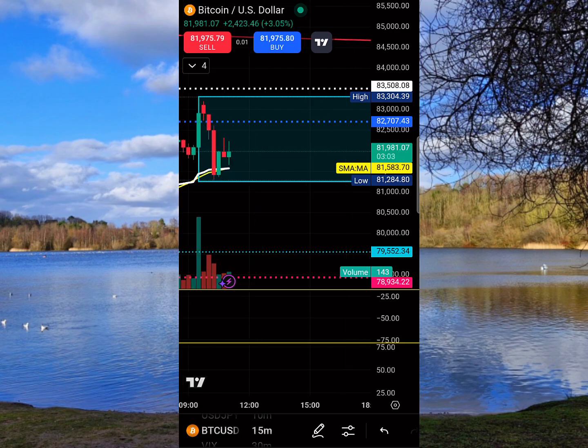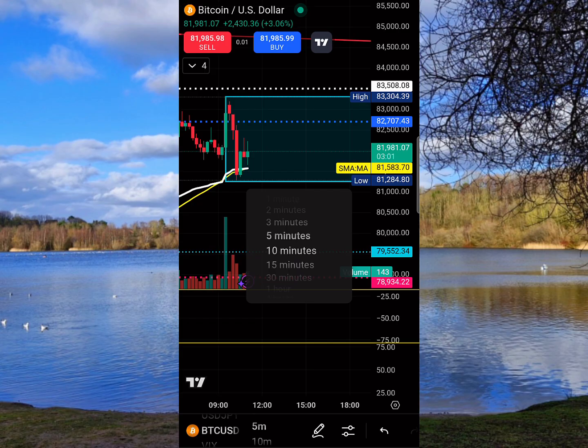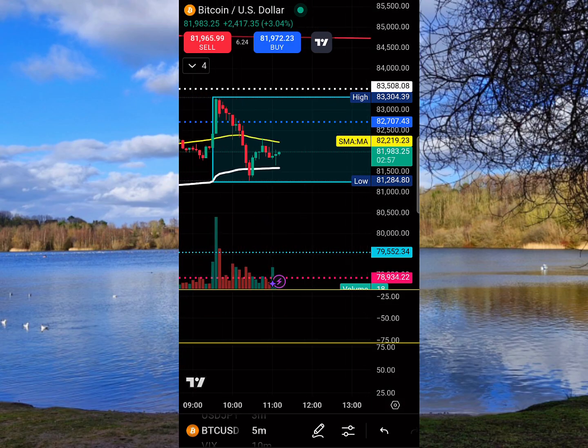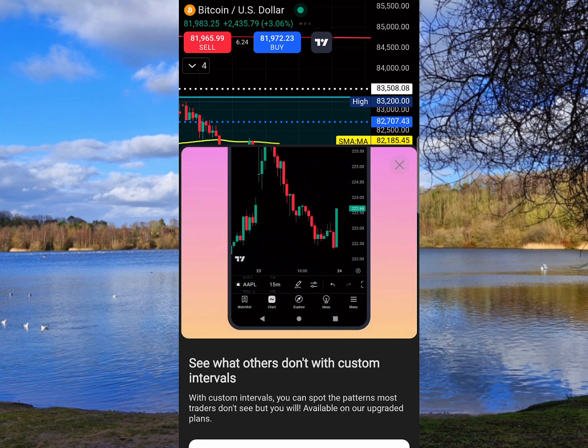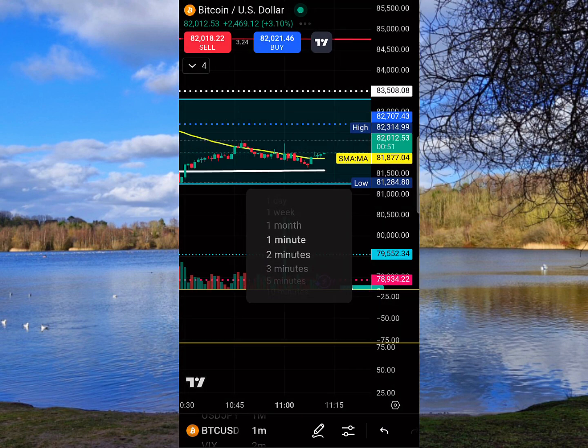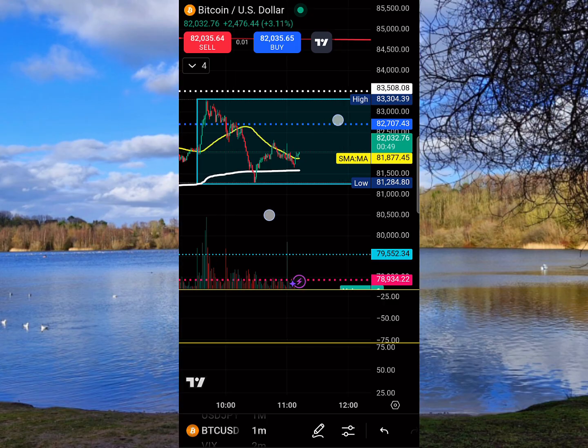Or if you trade within the 5-minute, it still works nicely. Or the 3-minute, or the 1-minute, so you can get some quick scalps in.